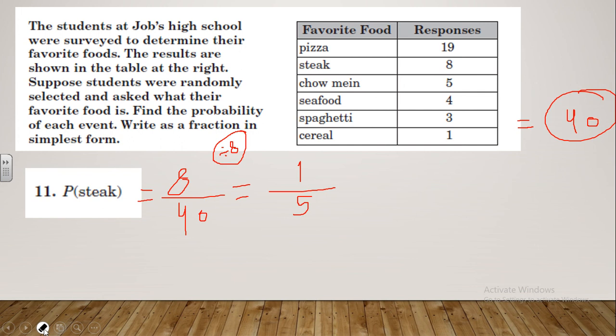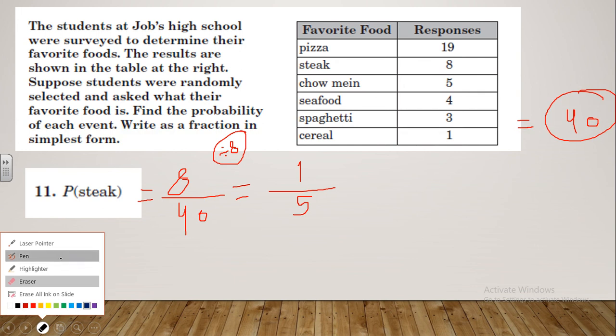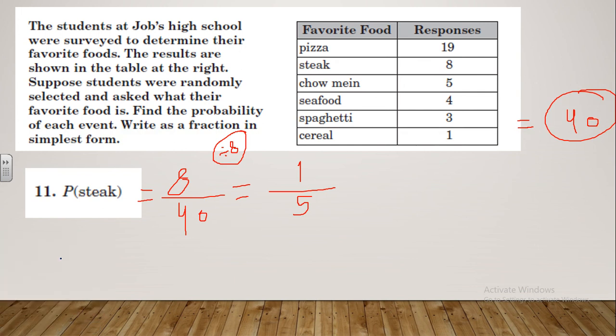He wants you to find the probability that it's not Xiaomi. So all you are going to do is cancel this number and add all the other numbers that you have.